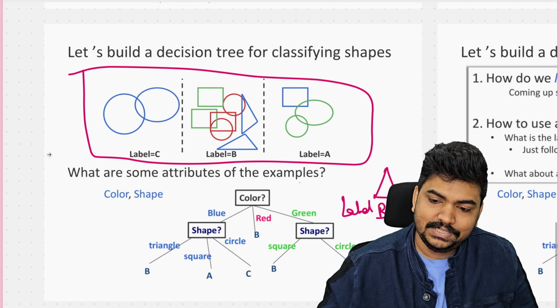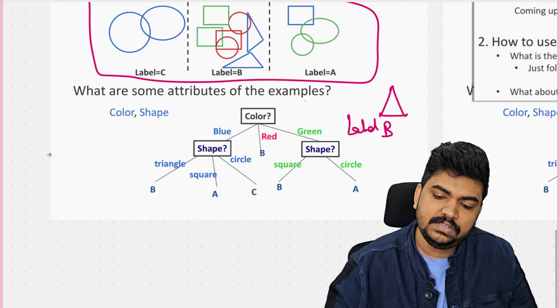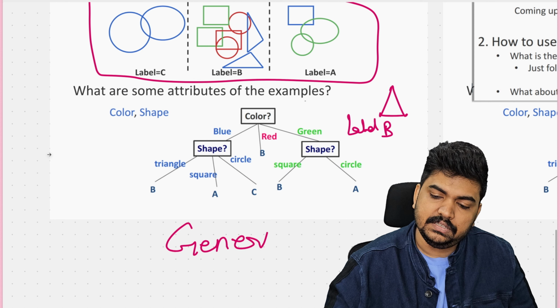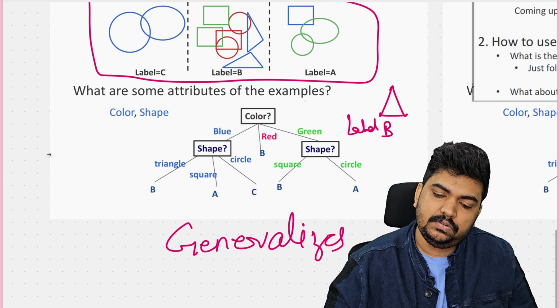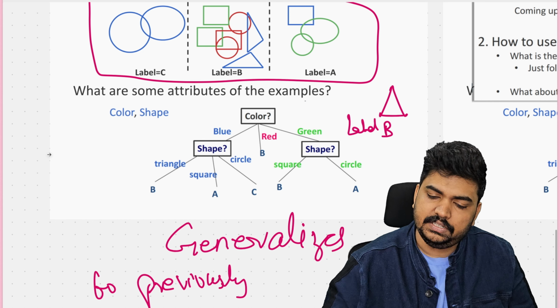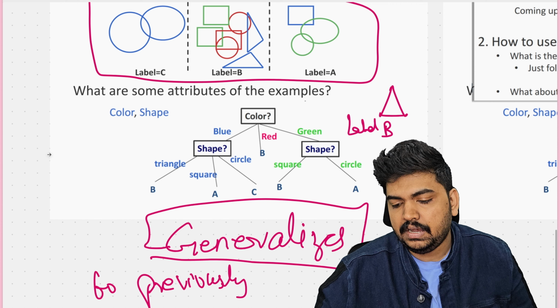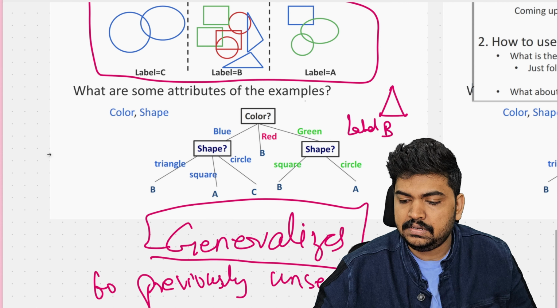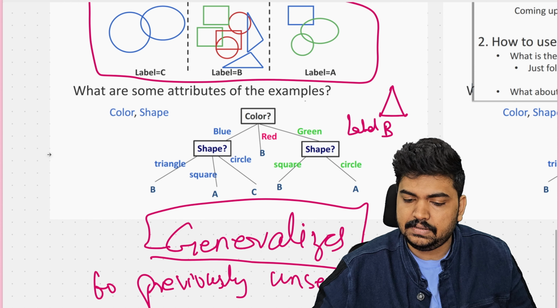In other words, this data structure generalizes to previously unseen instances. The key term is generalizer.